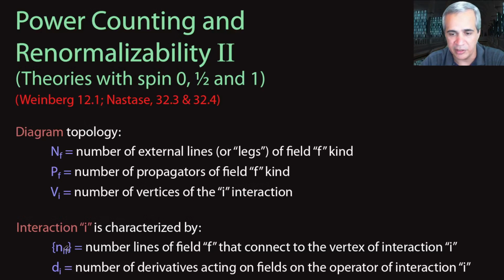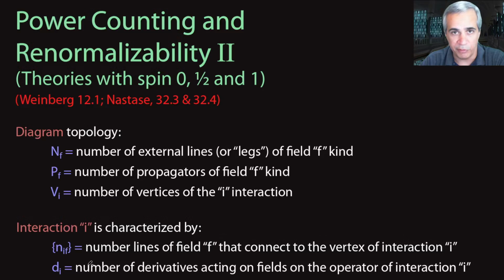So for each interaction, I want to know how many lines, since the interaction will be translated by Feynman rules into a vertex, of each type of field have endpoints in that vertex. Say, think QED: QED has two fermions and one photon coming out of any vertex. So this will be given by a set of numbers like that.